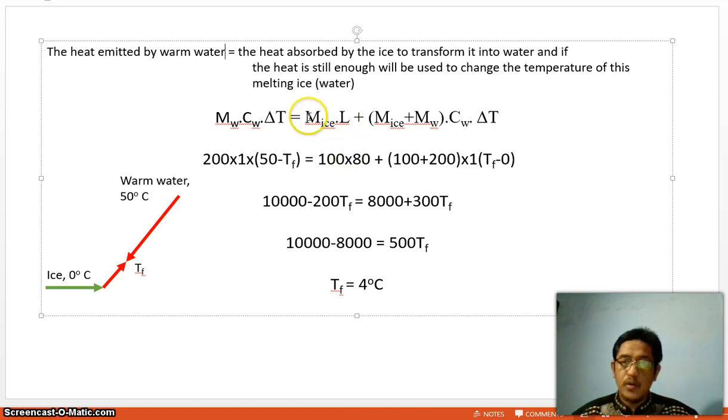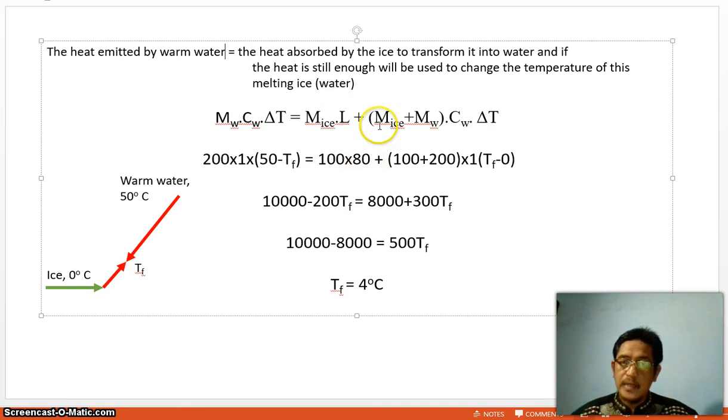To melt all this ice into water, we only need 8,000 calories. If the warm water became water at 0 degrees Celsius, we would have 200 times 50, which is 10,000 calories. So you supply more energy than the energy needed for the ice to be completely melted into water.